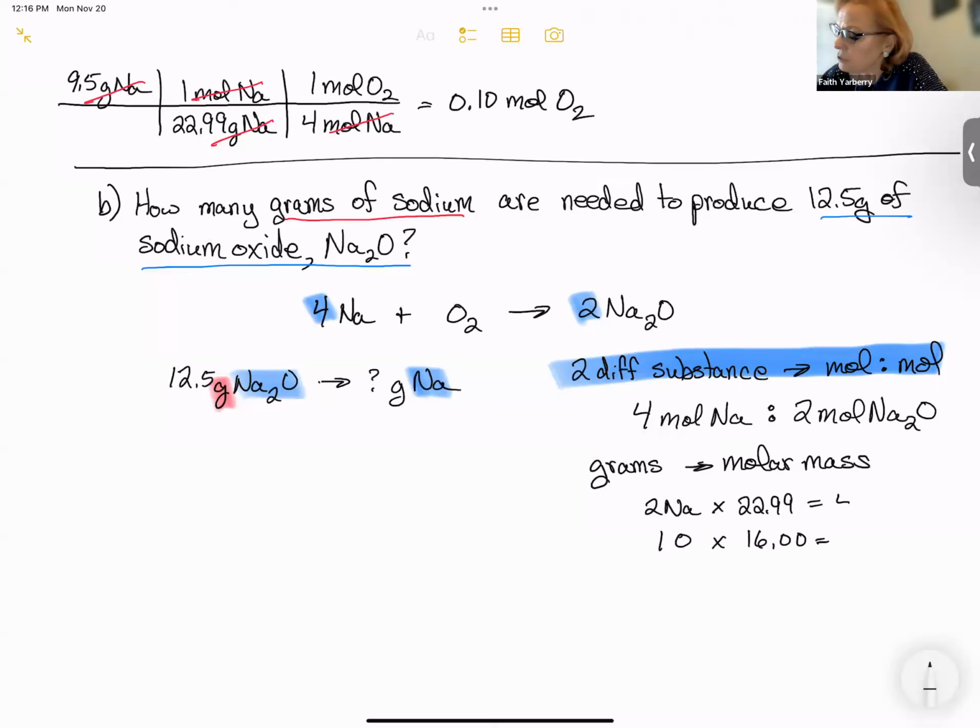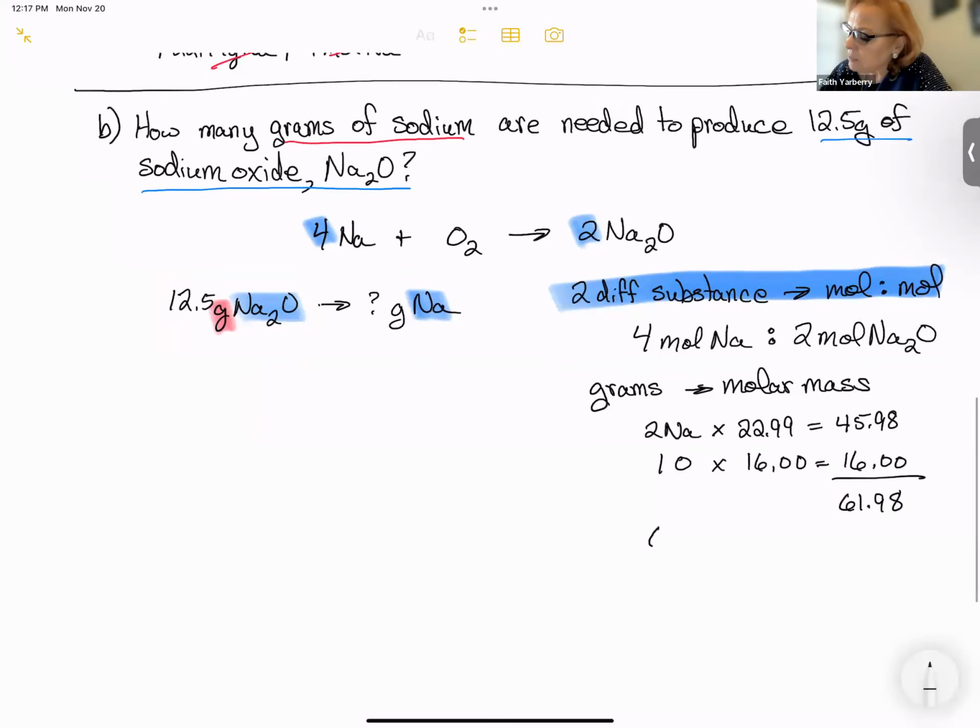So the sodium contributes 45.98 to the overall, and the oxygen 16, to give us 61.98. So that is 61.98 grams of sodium oxide is equal to 1 mole of sodium oxide.